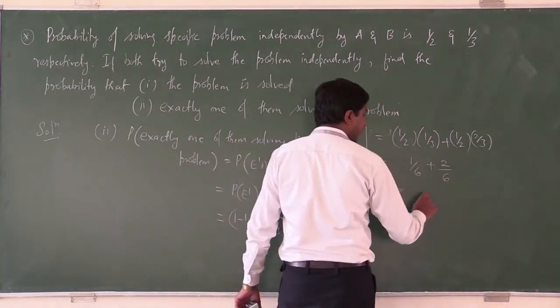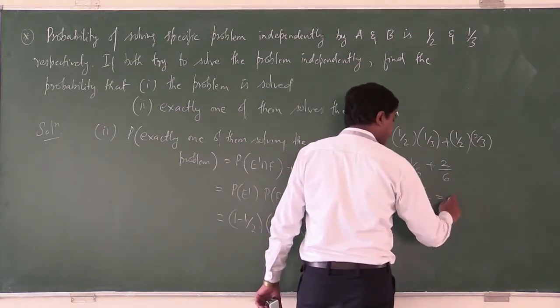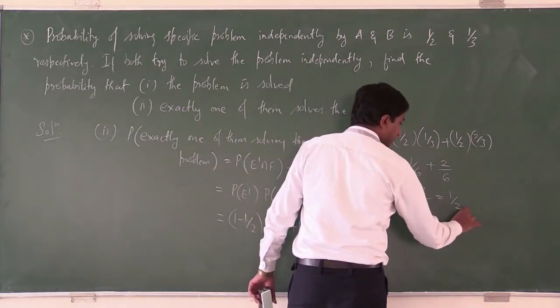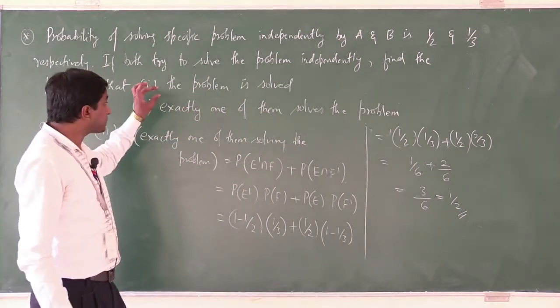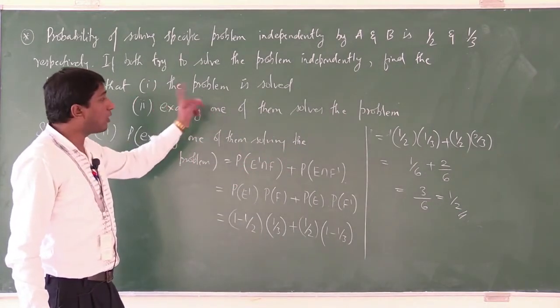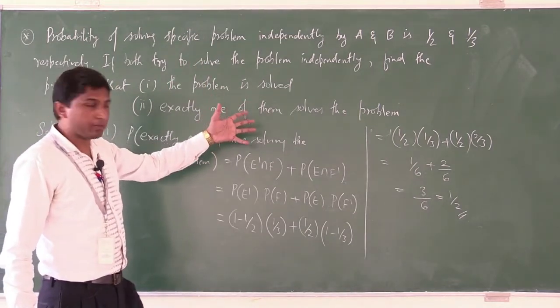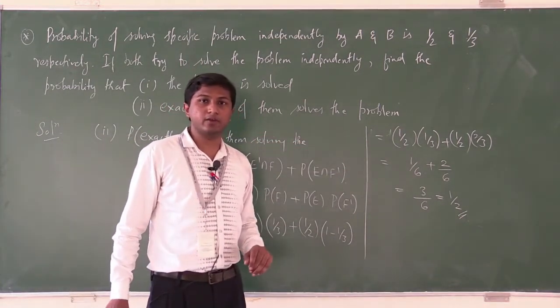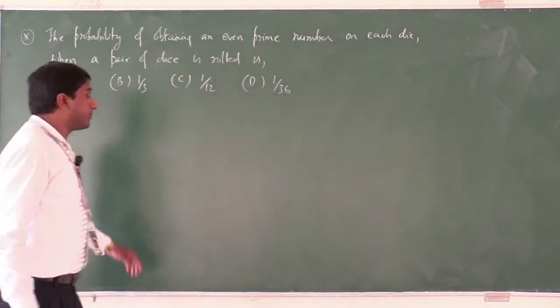On further simplifying, we get 3 by 6. This again on further simplifying, we get 1 by 2. So the probability of exactly one of them, either A or B, solving the problem is 1 by 2. Okay, moving on to the next problem.